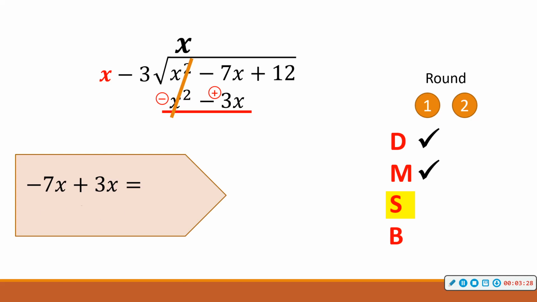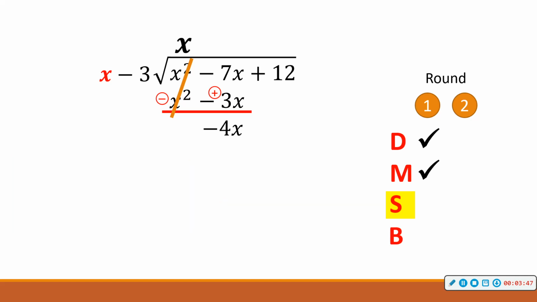You're thinking minus 7 plus 3, whatever way you use your calculator, or think that I owe someone €7, I paid them off €3, I now owe them €4. But if it's minus 7x plus 3x, it's minus 4x, and that's that calculation done. That's the subtraction done, right? Now we're on to bring down. Bring down what's remaining there, that plus 12, and that's round 1 done.